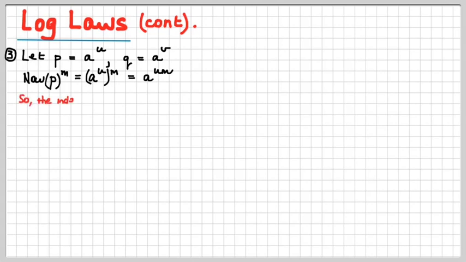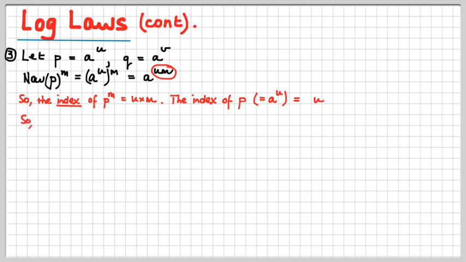Let's go for it. So we're saying that the index or the exponent of the result of raising p to the mth power is u times m. There it is, right? Now we know that the index of just p, which happens to be a to the u, is just simply u, isn't it? Yes, it is. So therefore, what are we saying?